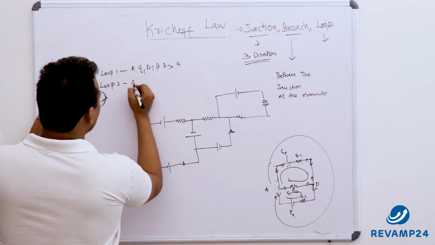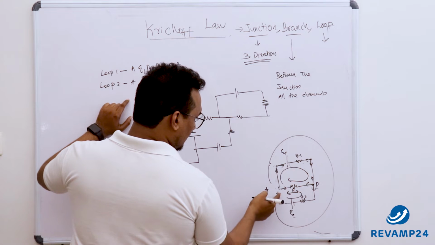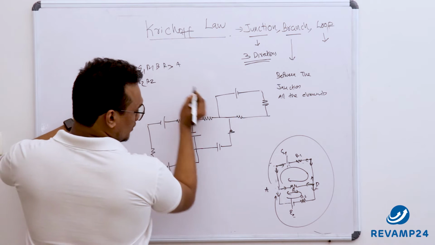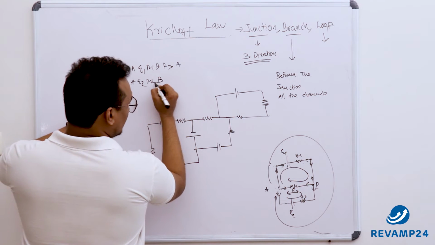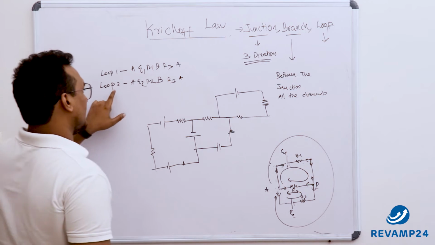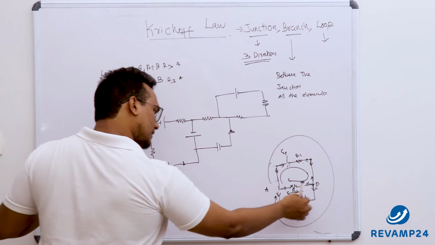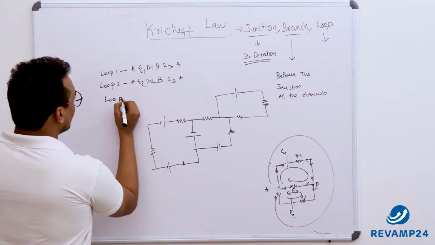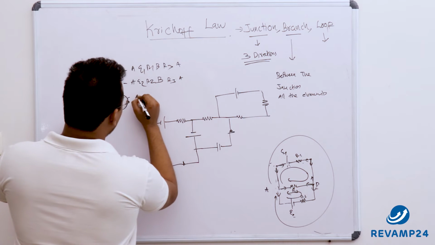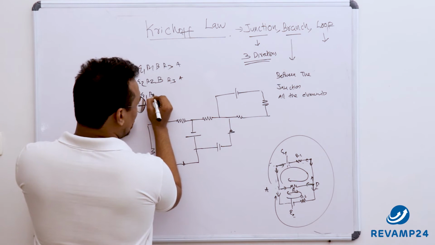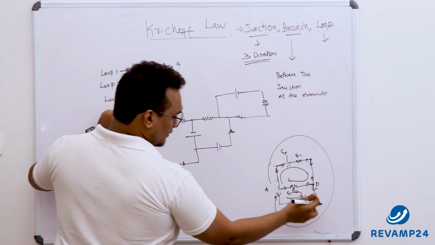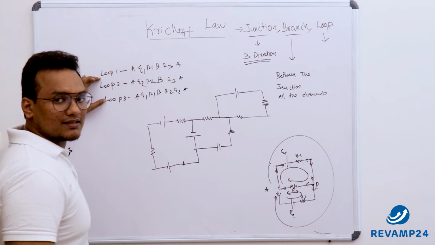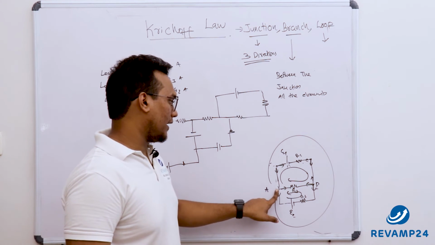From A, I am starting, then I am going to take this direction: A, E2, R2, then B, then R3, then back to A. So from A till A. You can take this direction, also that direction, it doesn't matter. Now one more loop is possible. Loop 3: from A, then E1, then R1, then B, then R2, then E2, then A. So these are three different loops possible from A till A.